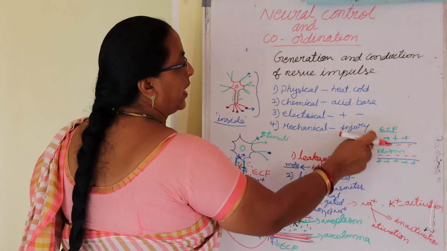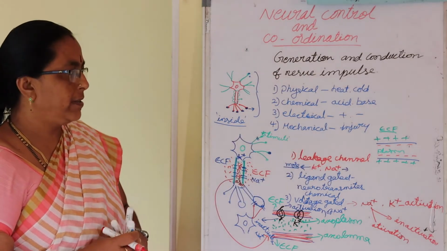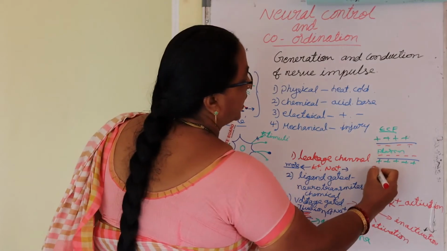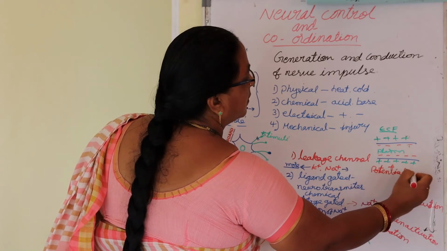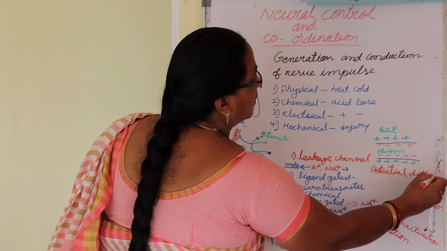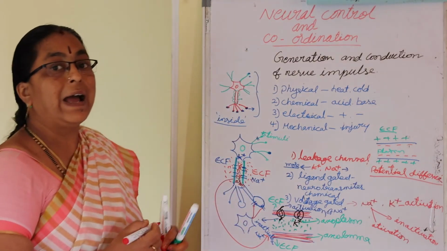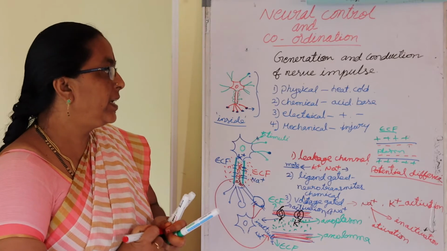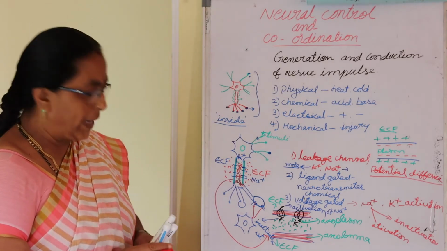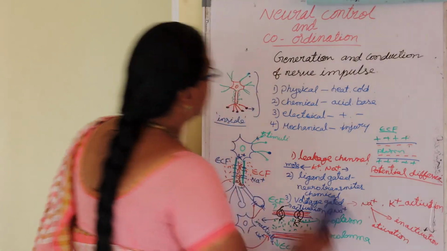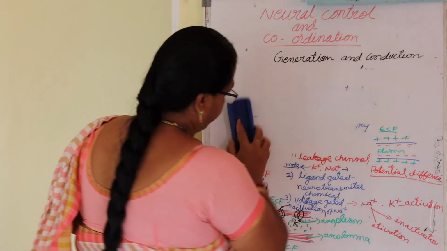So whatever the difference of negative charges between these two areas, that we call the potential difference. This potential difference generates the action potential, and it conducts the nerve impulse from one place to another place. In this nerve impulse, there are 4 states we will observe.